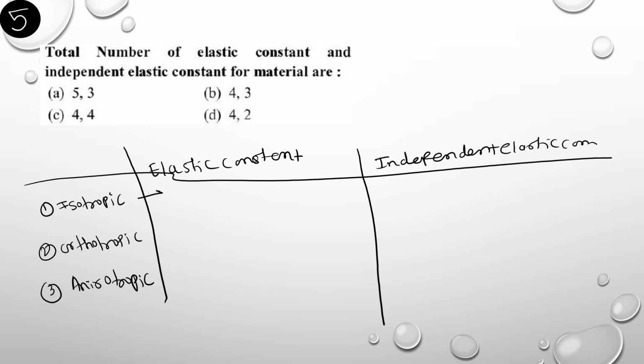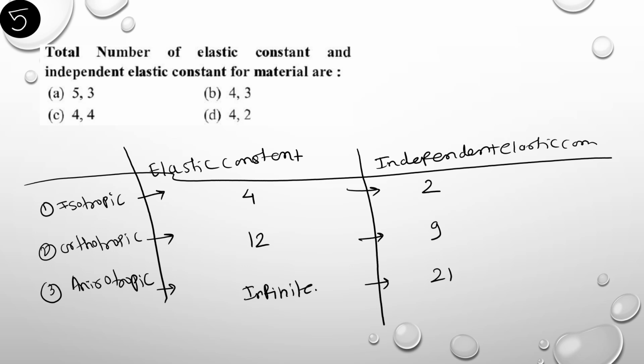For isotropic, the independent elastic constants are 2, 9 and 21. In case of elastic constants, the dependent elastic constants are 4, 12 and infinite. This is the important table.